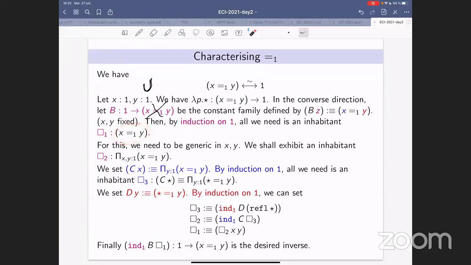Okay, but I'm not in a very good position to find this unless I first try to do something more generic. So I will first exhibit an inhabitant of this type, which is clearly more generic. It's a type which is parametric in x y, so it's for all x y, x equal y. So this is my next goal, to find a guy here.